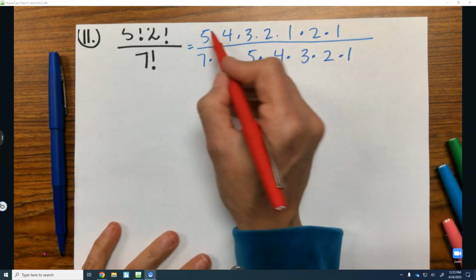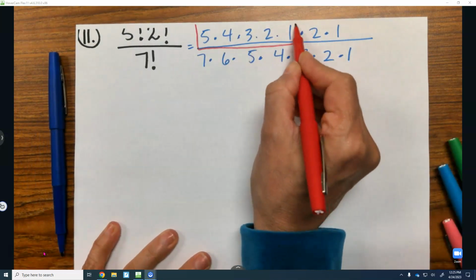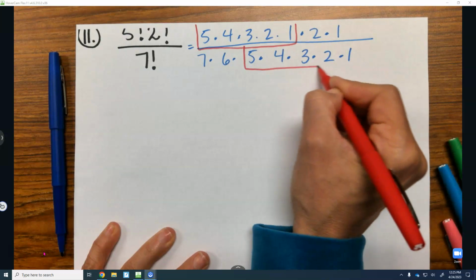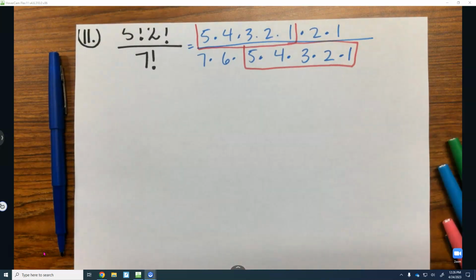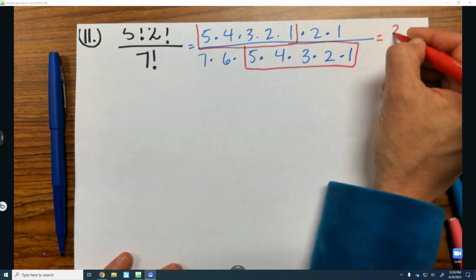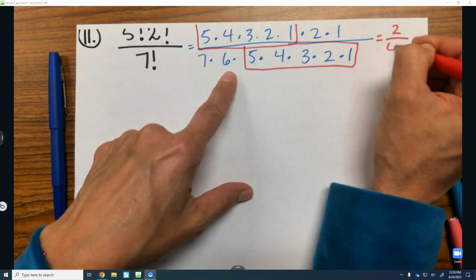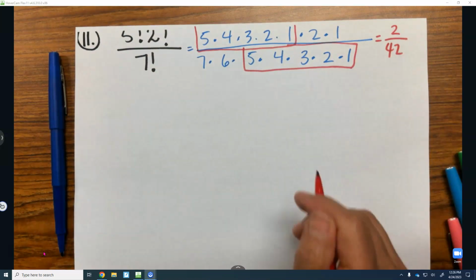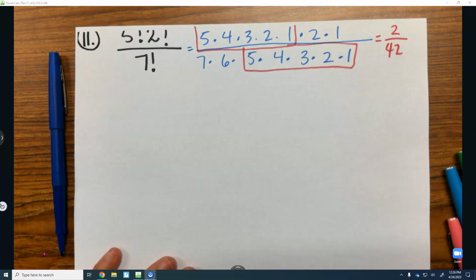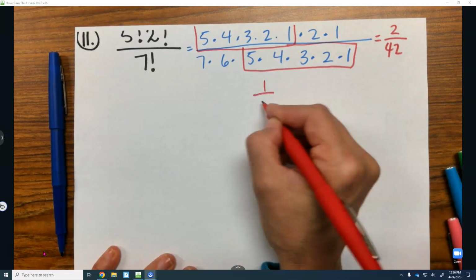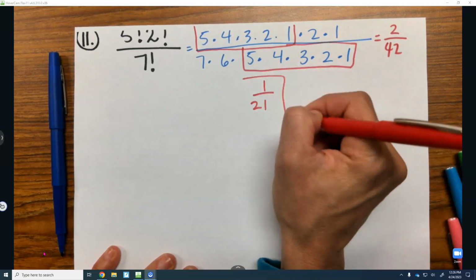Look, here's a big chunk that we can cancel out right here. So what does that leave? That leaves 2 over 42. And of course, y'all, we're going to not box that in. We're going to simplify. So the answer is just 1 over 21.